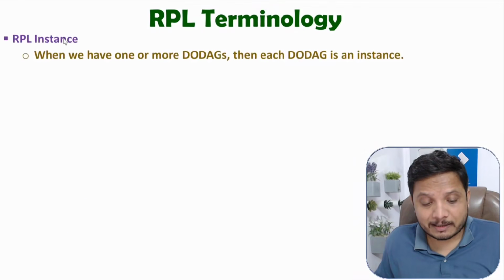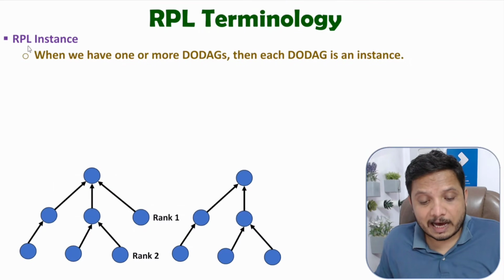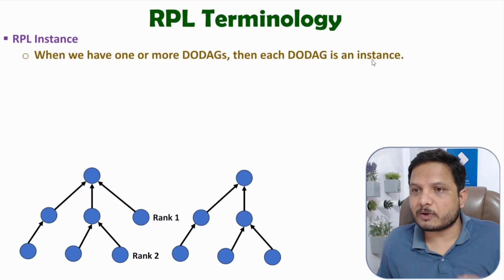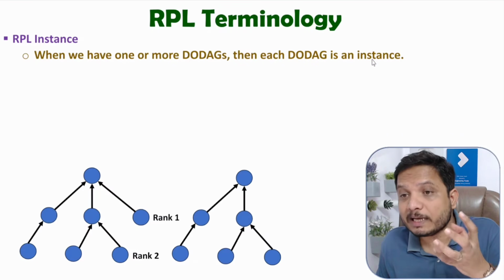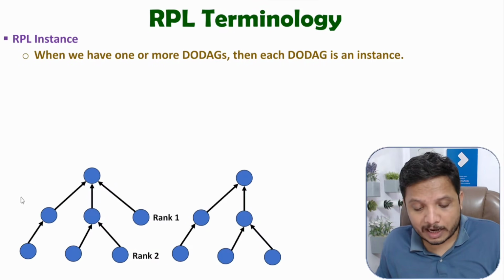Now let us have the next terminology, that is RPL instance. See, RPL instance explains how many DODAGs are there. So when we have one or more DODAGs, each DODAG is an instance. So I have shown you 2 graphs, right?